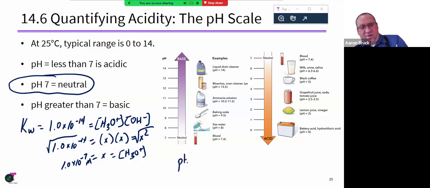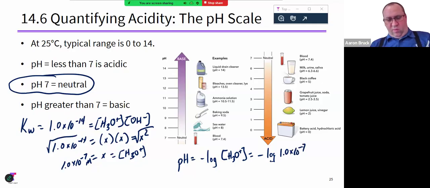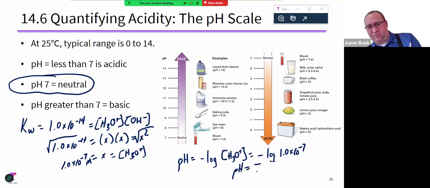I plug that into my pH calculation. So 1 times 10 to the negative 7th, logarithm of that, opposite, I get a pH of 7.